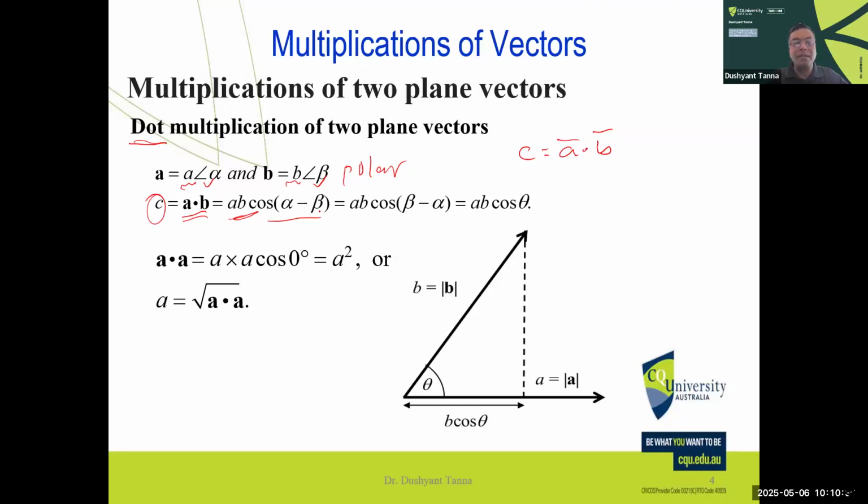Now, it doesn't matter whether you go alpha minus beta or beta minus alpha, because cos absorbs the minus sign. What I mean by that: cos minus theta is the same as cos theta, isn't it? Because theta is in the first quadrant and minus theta is in the fourth quadrant.